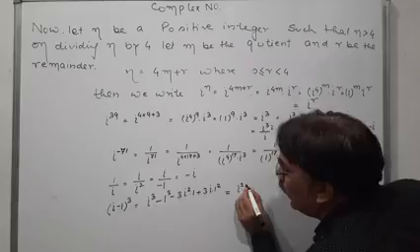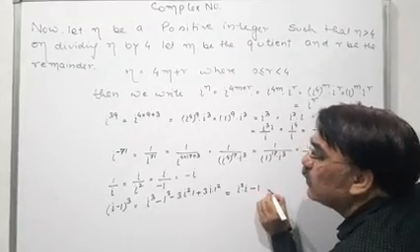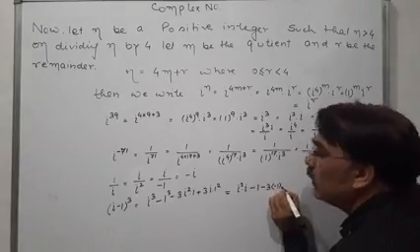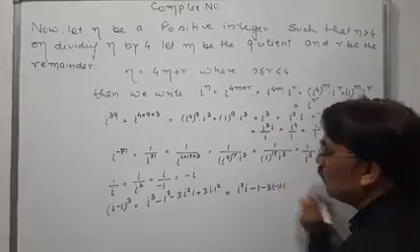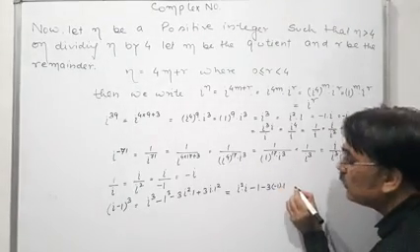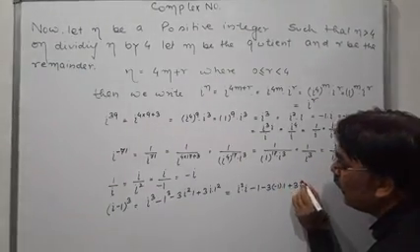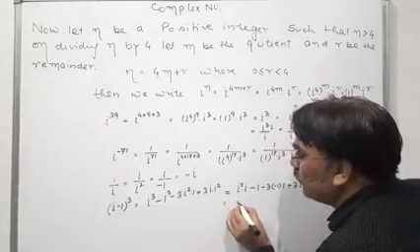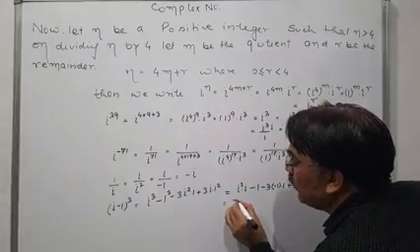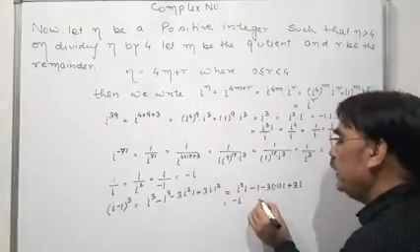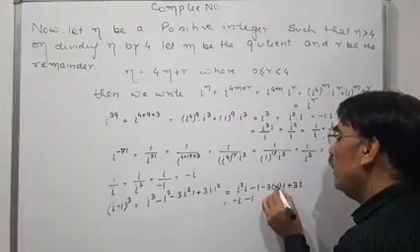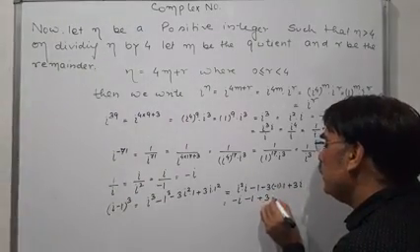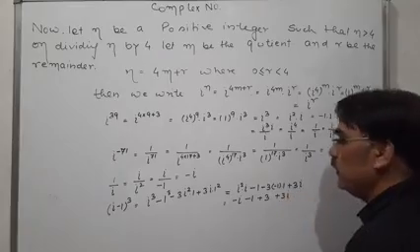i cube, what can we write? i square into i, minus 1, minus 3 i square means minus 1 into 1 plus 3i. So i square is equal to minus 1, then this value will be minus i, and here minus 1, and this minus minus is plus 3i.